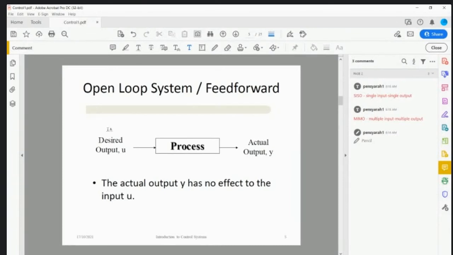My suggestion is for you to watch the video so that you can see the explanation of the toast system. It's a very good video from, I think, MATLAB, to explain the example of an open loop system.